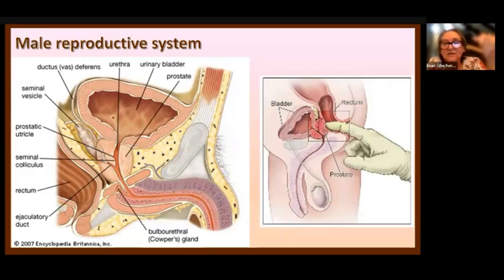The prostate does secrete a milky substance that makes up about 20 to 30% of semen. And again, the prostate can be infected or affected by a number of disorders like swelling and inflammation.